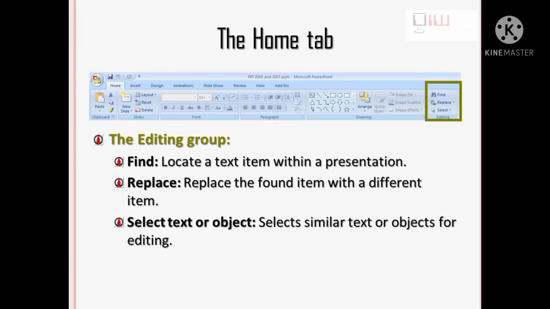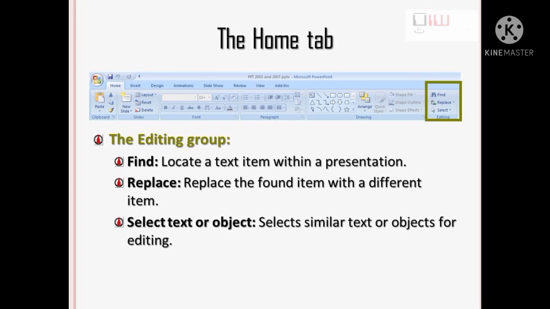Click the drop down, click the find option, and it displays the find dialog box. Next option is replace, a button with a drop down. The button displays the replace dialog box. The drop down contains the commands replace and replace fonts.